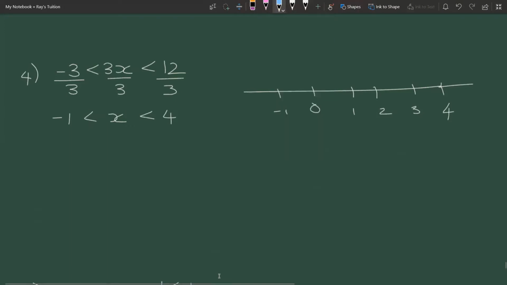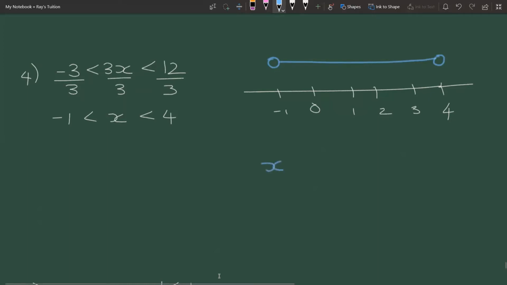Well, for -1, what kind of dot will we have to have if it's a strict inequality? I hope that you guessed that it was an open dot. And for 4, it's also a strict inequality, so both of them have open dots because they're both less than or greater than with no equal to.